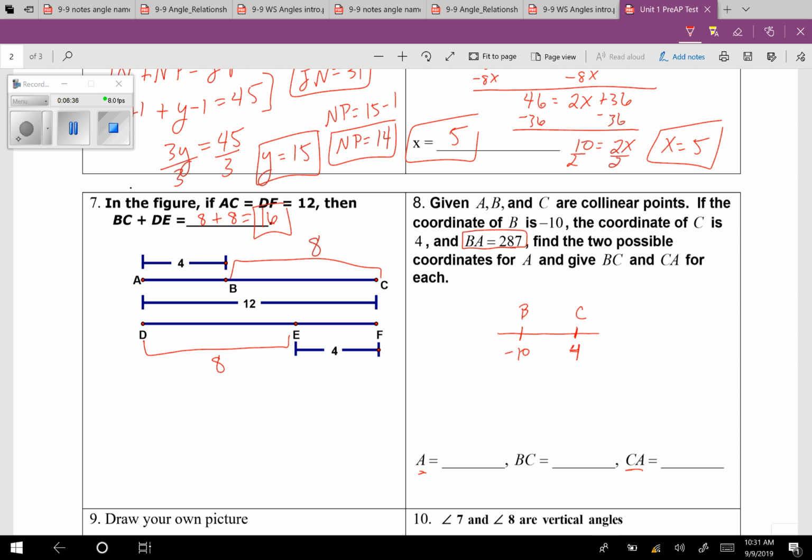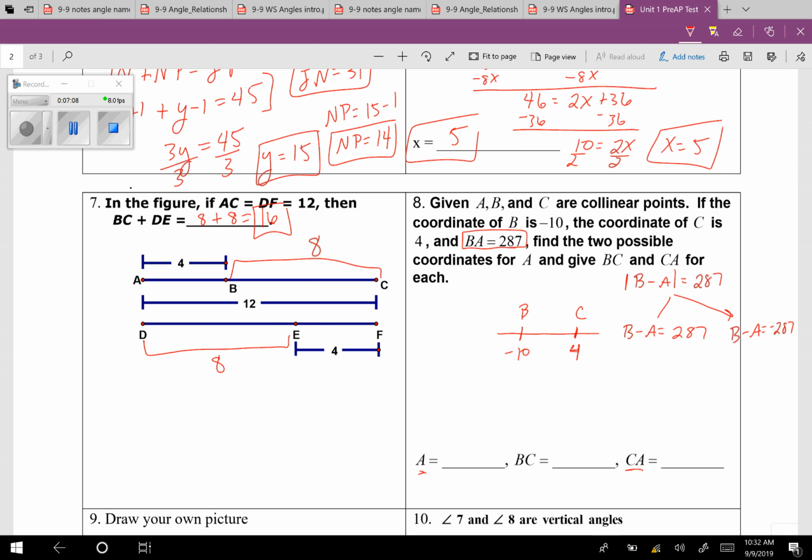So basically, the absolute value of B minus A has to be equal to 287. So what that means, it gives you two cases. Either B minus A is equal to positive 287, or B minus A is equal to negative 287.